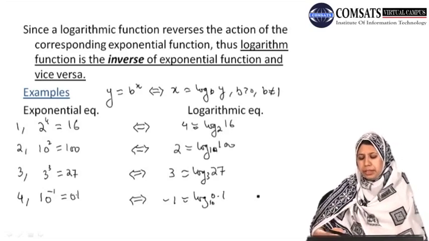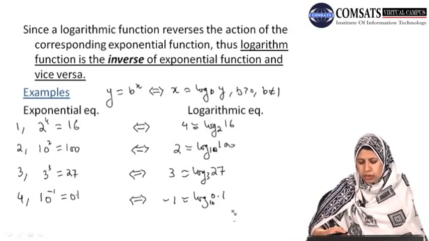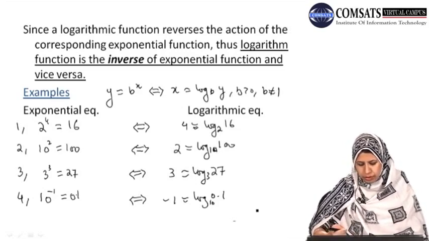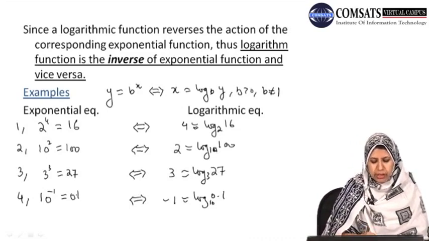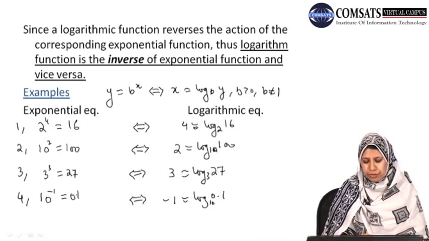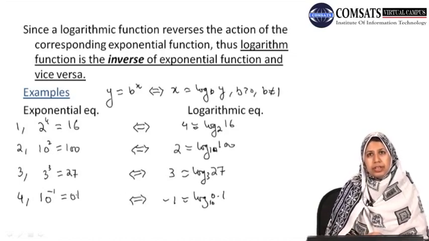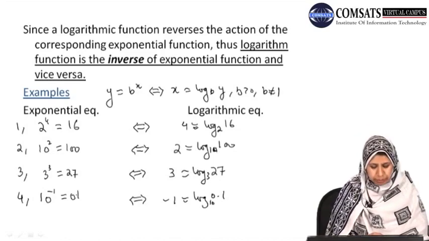Since we have said that the base b should be strictly greater than 0, here we can see that log of base 10, log of base 3 or log of base 2 are all defined values. And the values of y are all positive reals. However, the value of x in our exponential function is the set of all real numbers.